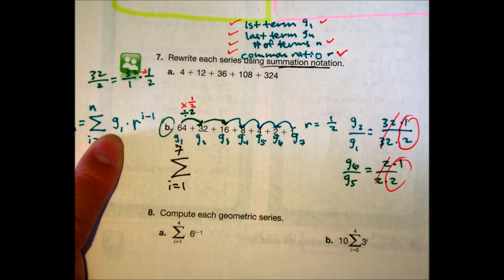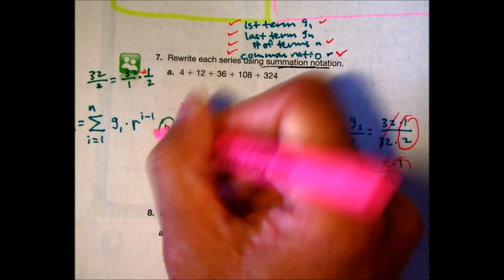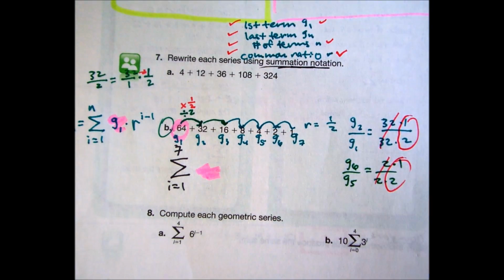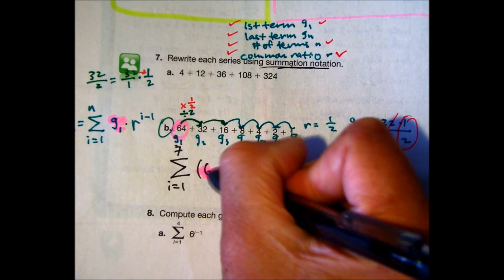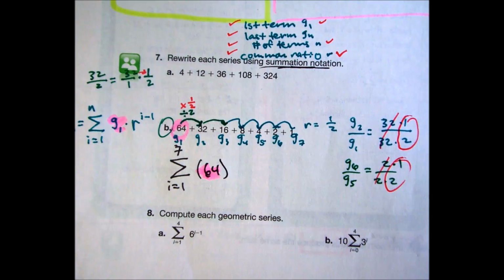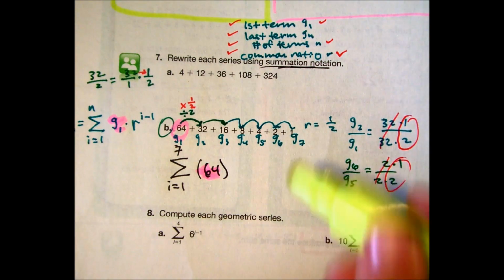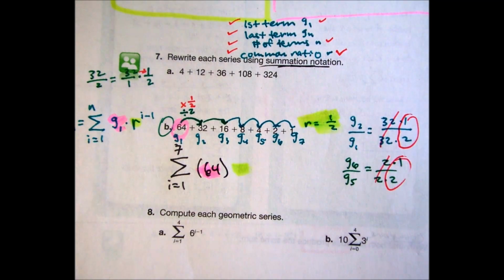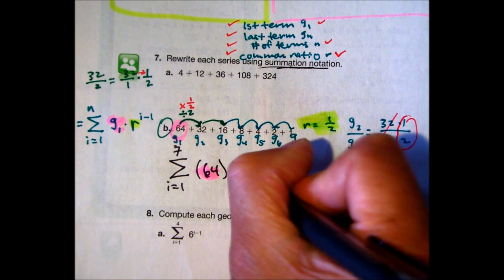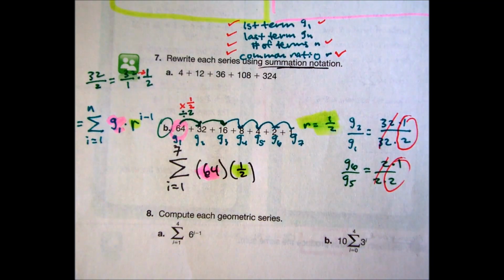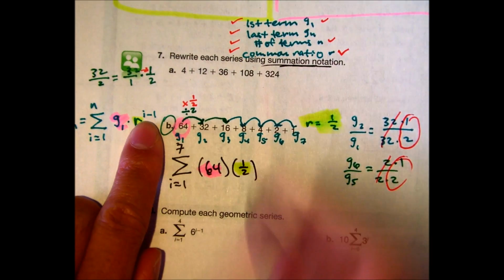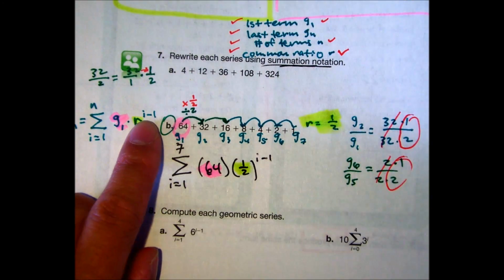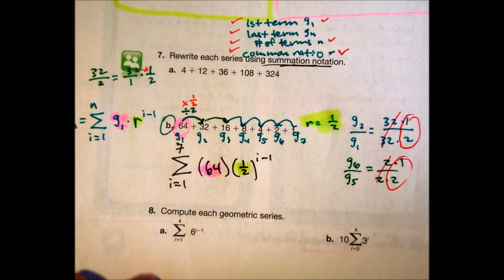My G1 value is what? 64. And what is our R value? 1/2. R value is 1/2. And then you just have this generic formula, i minus 1. And this is your answer.